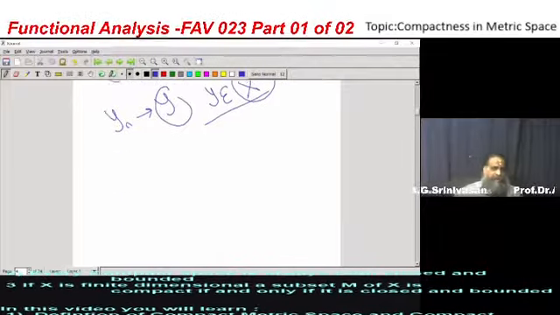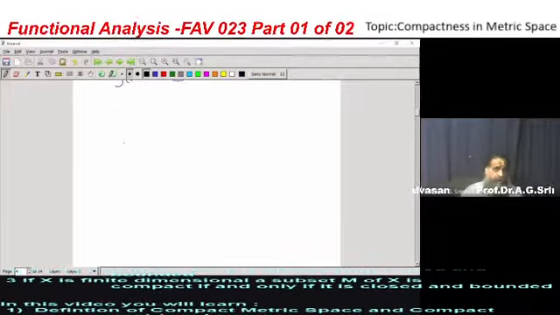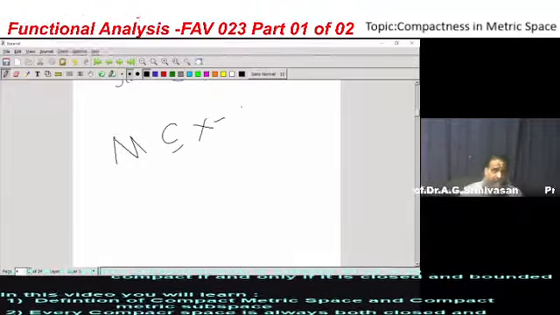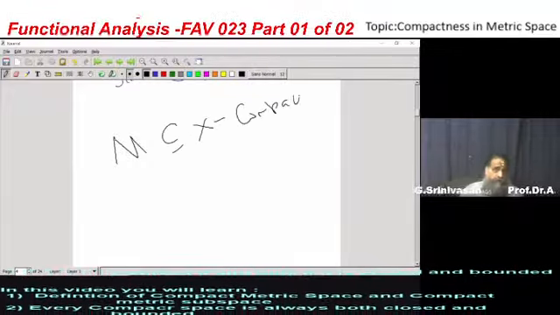Let me explain it a little differently so that you understand how this is working. What is M? A subset of X. What is X? X is compact.